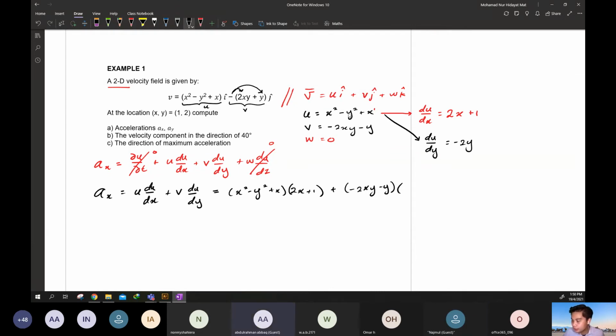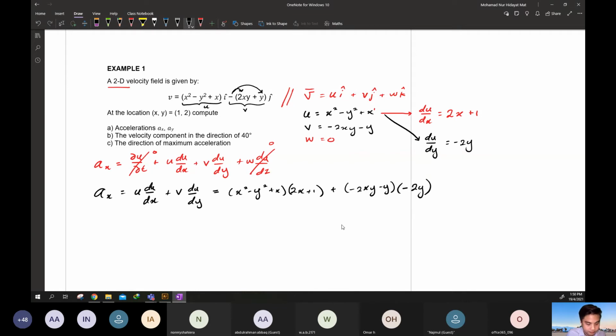When we do the derivation in terms of y, x is constant, so this is 0. Only this one remains. So 2 moves to the front, so negative 2y. The x is constant, so we have only this term. So just substitute this term.